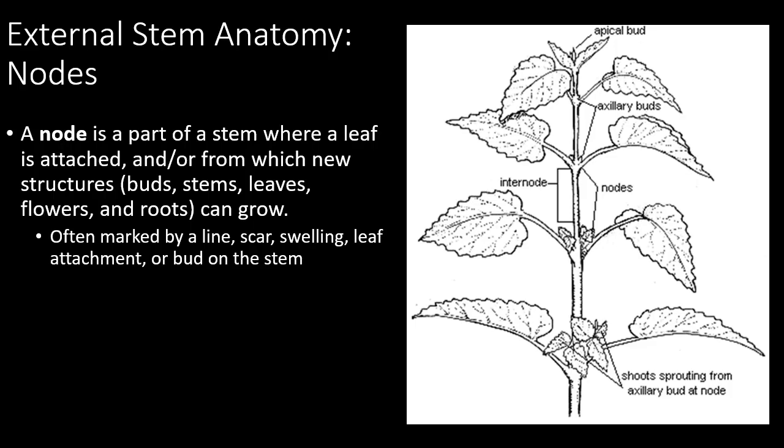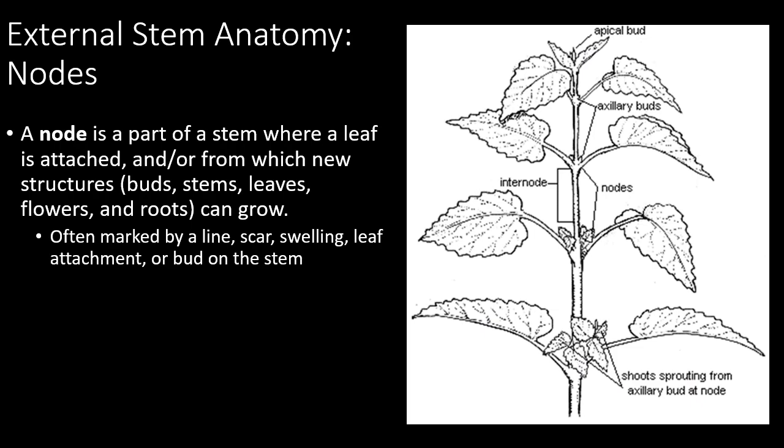The first and possibly the most important part of a stem is a node. A node is just a part of a stem where a leaf is attached and from which new structures such as buds, stems, leaves, flowers, or roots can grow. Nodes are usually pretty identifiable on a stem. They're a place on a stem where something is happening.